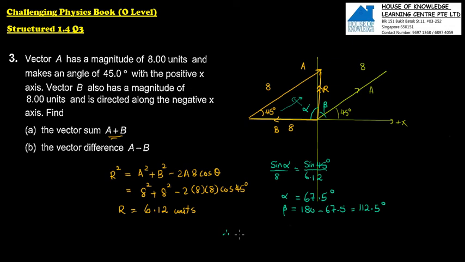So we say the magnitude of r equals 6.12 units at 112.5 degrees from the positive x-axis.